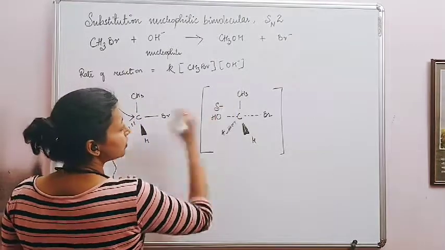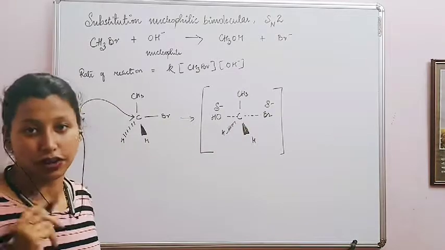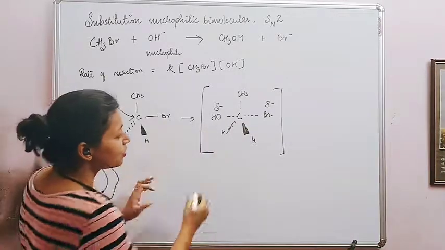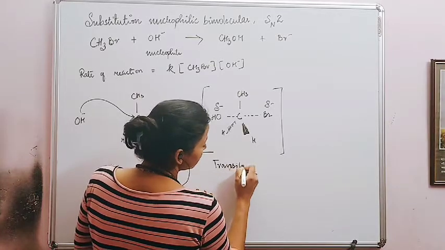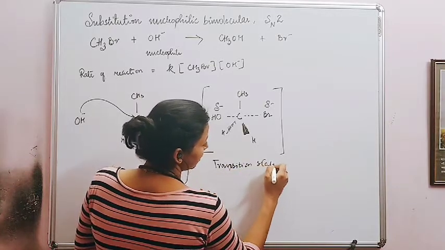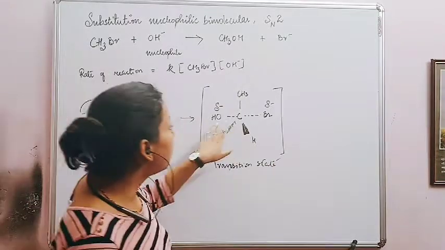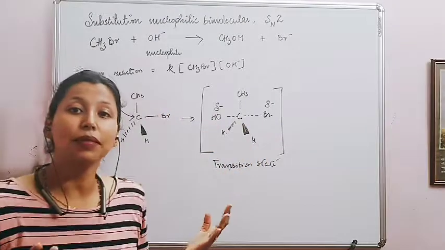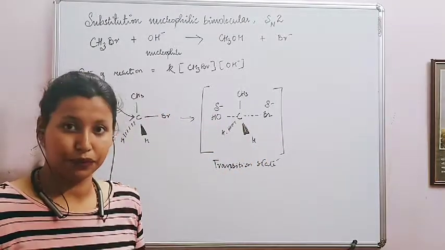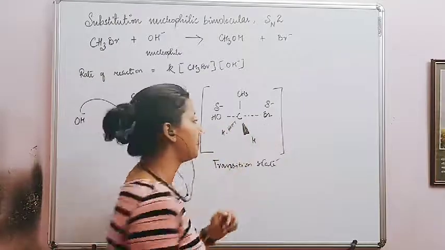So here the OH is carrying delta negative charge and here Br is also carrying delta negative charge. This is called the transition state. In this transition state, both bond making and bond breaking are taking place at the same time.